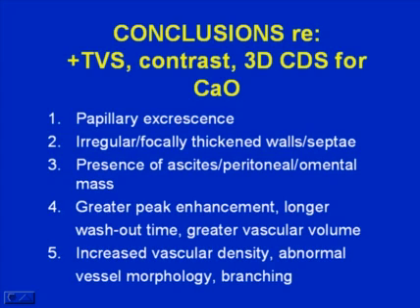But now with color Doppler, we can look at increased density of the vessels, abnormal vessel morphology, branching, and with contrast, we can see abnormal washout times and greater vascular volume in tumors.